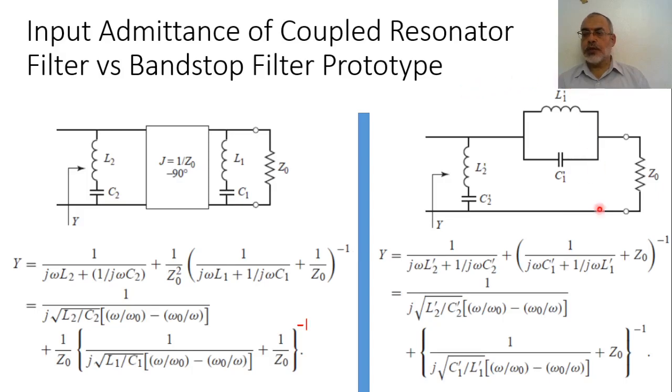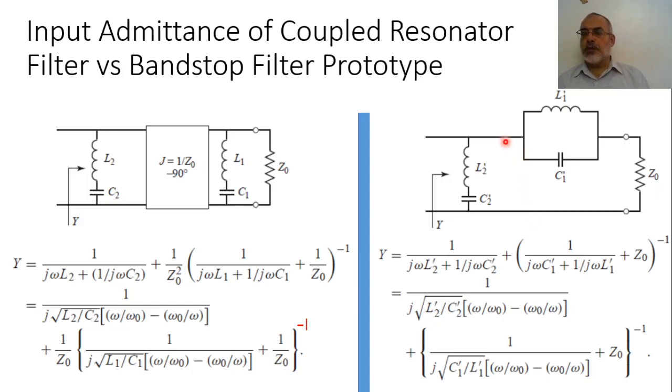For such a prototype circuit of the band stop filter, the input admittance is given by the admittance of this branch composed of L2 dash C2 dash, which is 1 over j omega L2 dash plus 1 over j omega C2 dash, plus the admittance of this branch. The admittance of this branch is effectively 1 over its impedance.